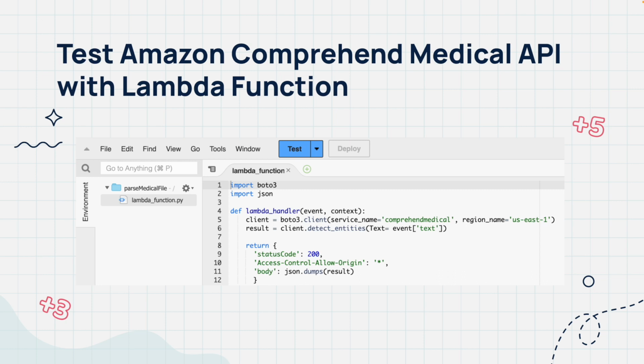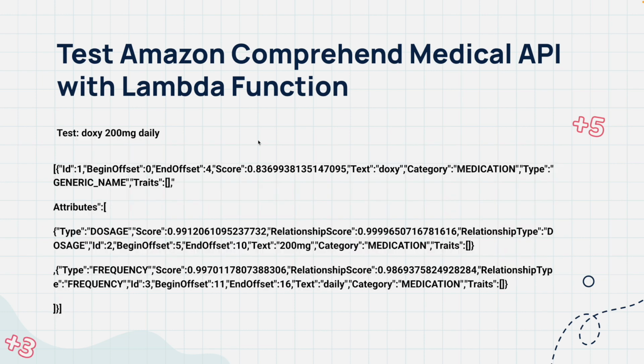I just tested how to call the API from a Lambda function. I chose Python because it's very simple. You just import Boto3 and call the API, and you get the result. You give the API the text and it gives you the structured medical information.